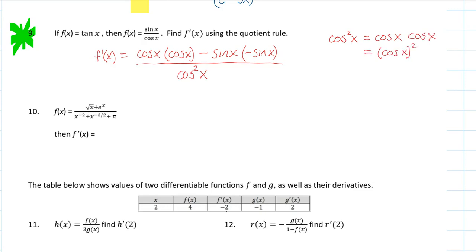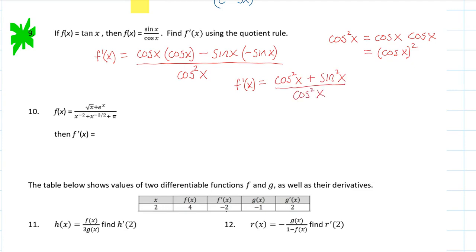Now, we can actually clean this one up a little bit. So we're going to do that. f prime of x is equal to, in the numerator, look at what you got. You have cosine times cosine. That's cosine squared x. And then we have negative sine, so that's plus sine squared x. Hopefully something's going off in your head right now. All over cosine squared x.